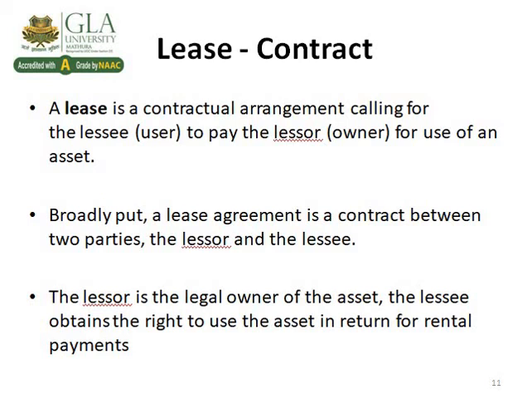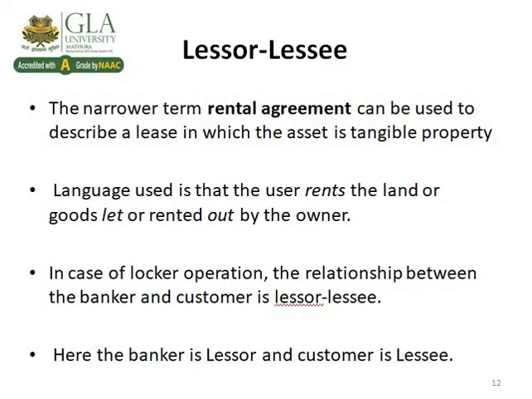How does it exist from the banker's perspective, that we need to take care of. The narrower term, specifically with regard to banking, is the rental agreement, which can be used to describe a lease in which the asset is tangible property. The language used is that the owner rents out the land or goods. Here in the bank, we are talking specifically about locker operation, because the locker is in the premises of the banker.